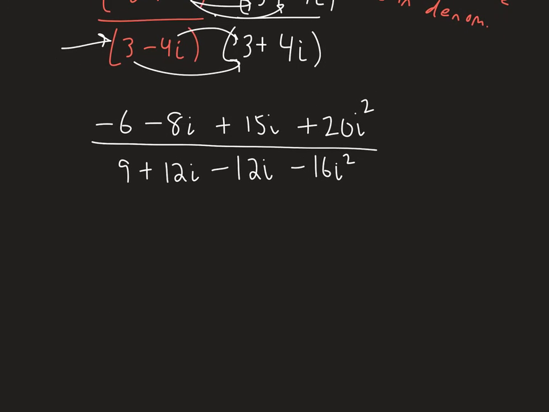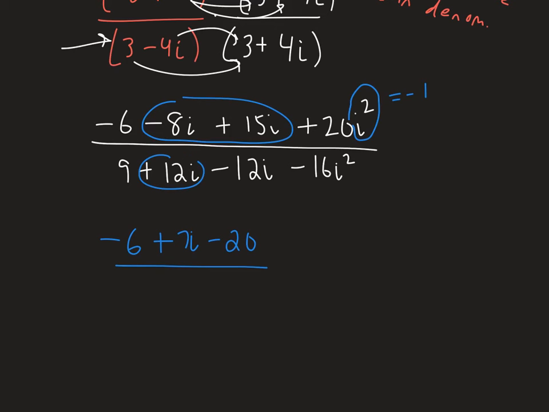Okay, and then we just start to simplify a little bit, combine some terms if possible. I know these are like terms here. So negative 8i and we add 15i, that's going to be a positive 7i. Also remember, i squared equals negative 1. So this is really plus 20 times negative 1, so it's really a minus 20. Okay, and in the denominator, the reason why we chose to multiply by the conjugate, using 3 plus 4i, is so that all these i's would cancel each other out.